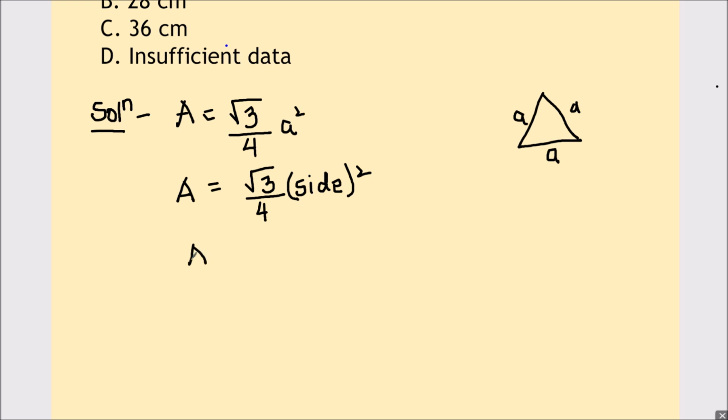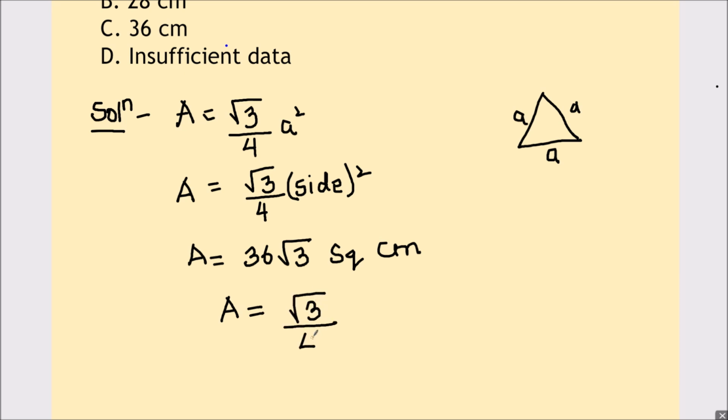So area is given as 36 root 3 square centimeter. And let us say that the side be A centimeter. Then area will be equal to, using the formula, root 3 by 4 A square, where A is the side of the triangle.